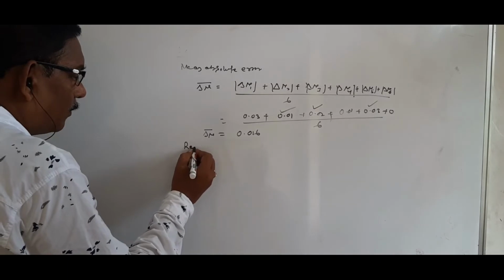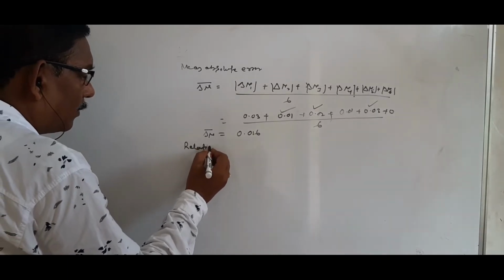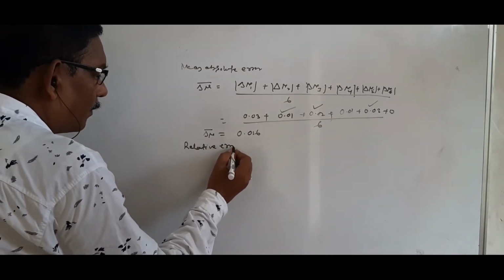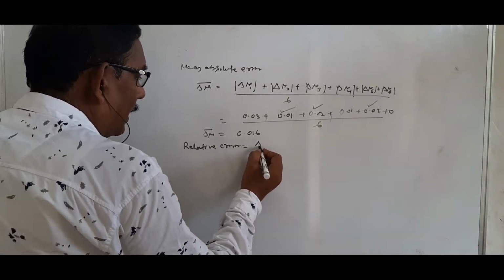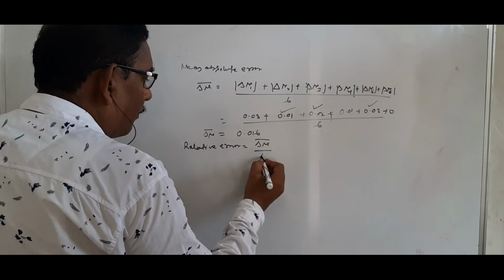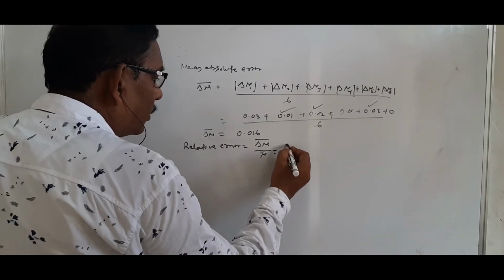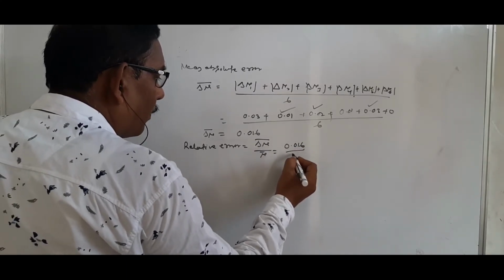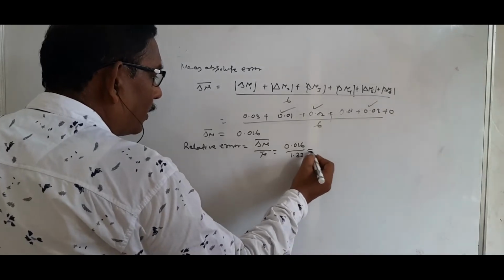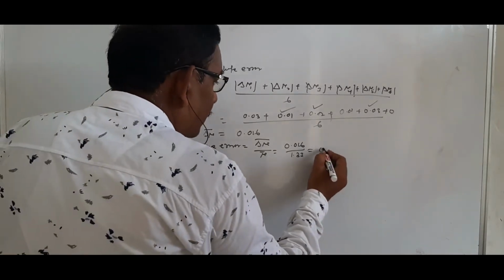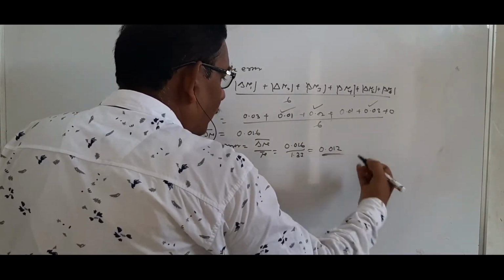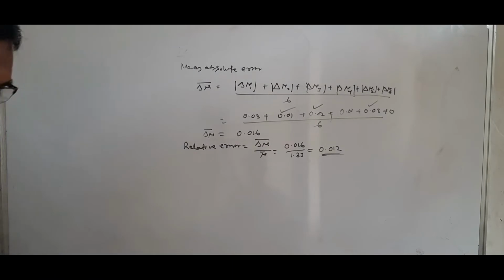Now come to the relative error: delta mu bar by mu bar, 0.016 by 1.33. After calculation, the value became 0.012. It is the relative error.